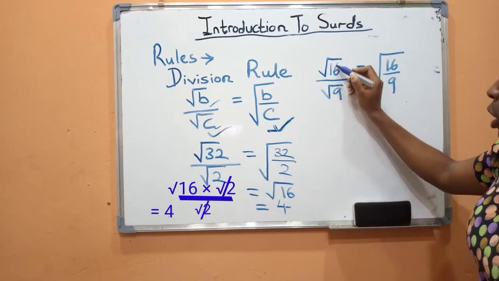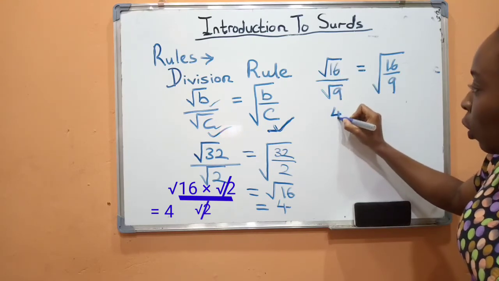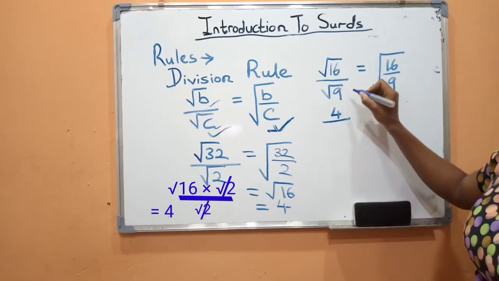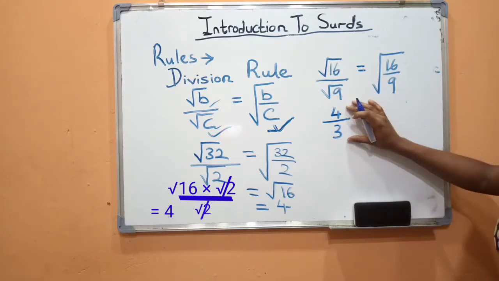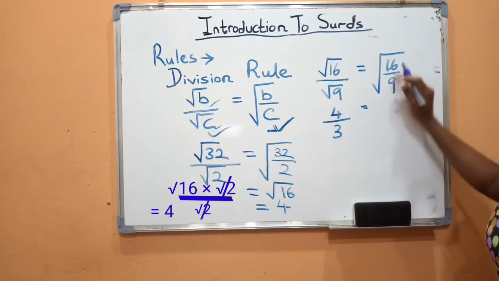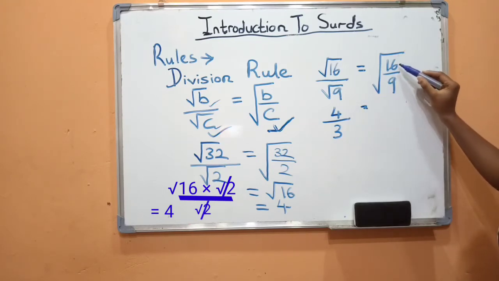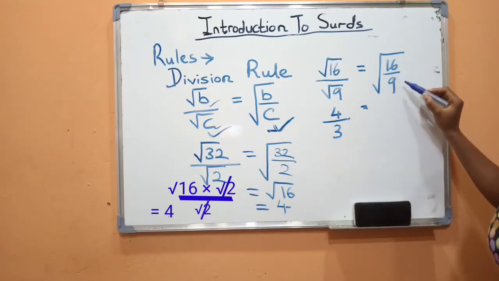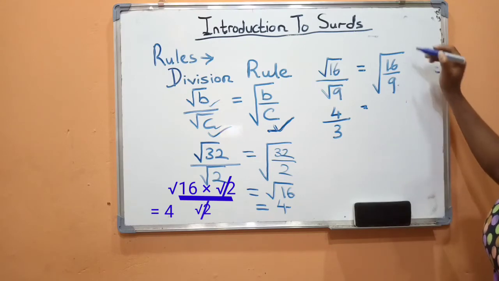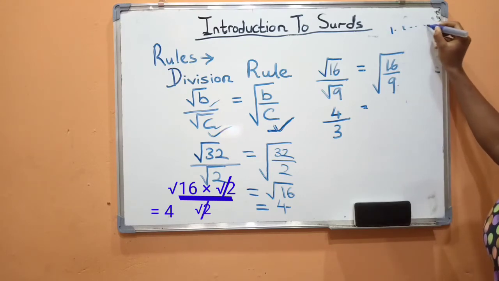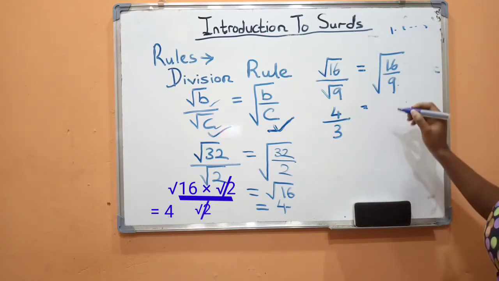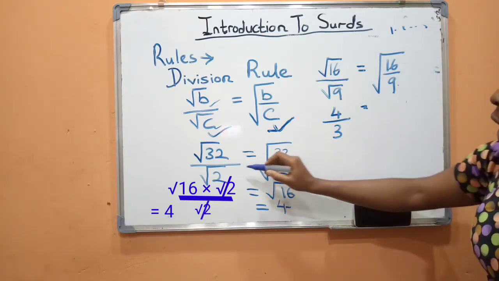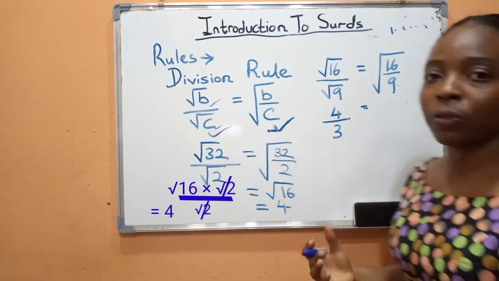Because by the time you find the square root of 16, you're going to have 4 over the square root of 9, which gives you 3. So we already sorted it out. But if we decide to apply it here, when we say 16 divided by 9, you're going to see that we're going to be getting decimal numbers. And that is not what we want to achieve. So you can see that this is suitable when you have numbers that are not perfect squares.